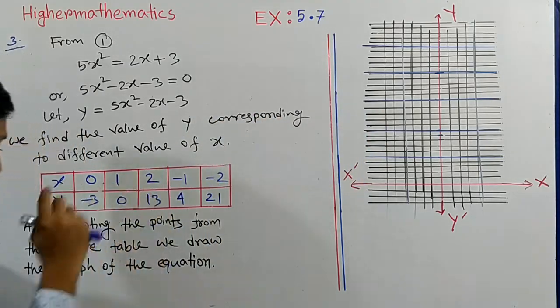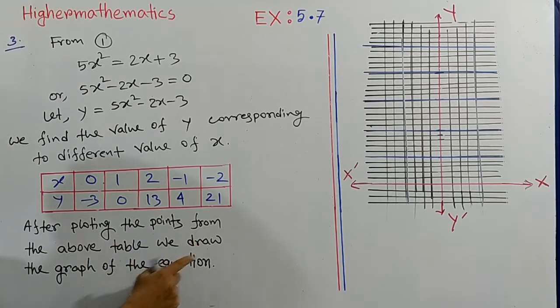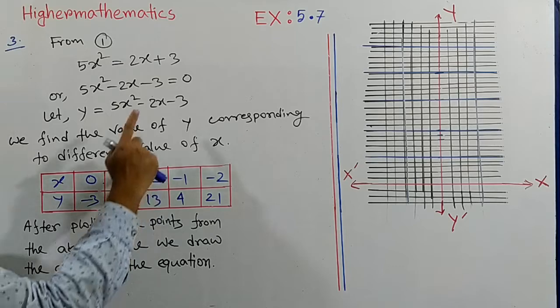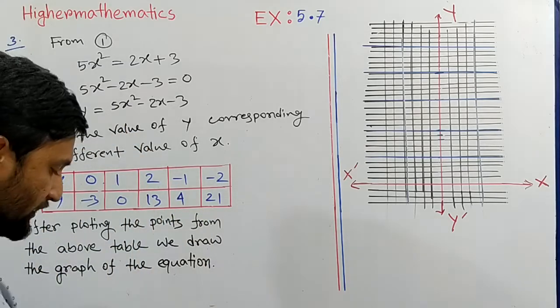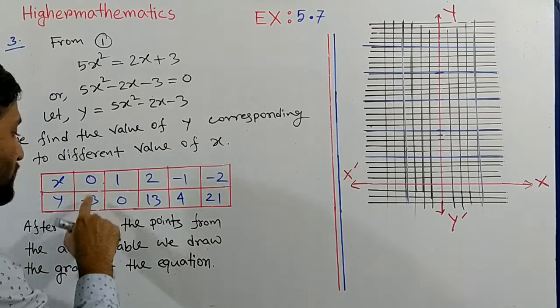After plotting the points from the above table, we draw the graph of the equation. Now plotting the points on the graph. The first point is (0, −3).